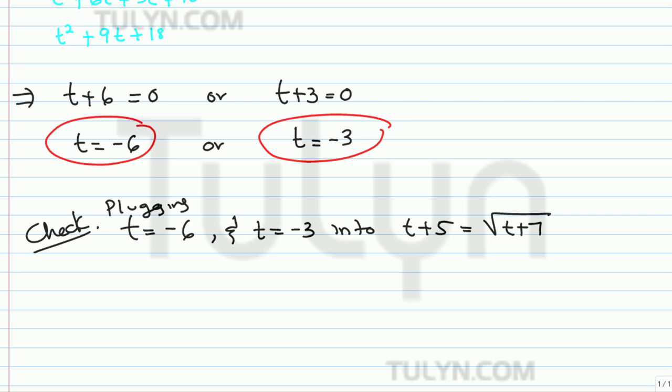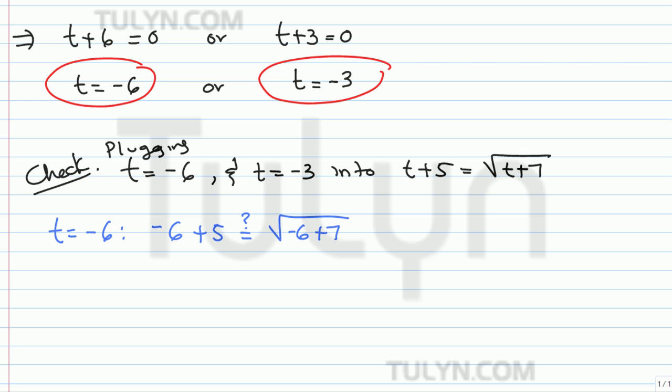So let's do that. Let's start with t is equal to -6. So we want to see if -6 plus 5 is equal to the square root of -6 plus 7. And the way we write it down that we check is usually we put a little question mark on top of the equal sign, just to let everyone know that we're checking to see whether it's true.